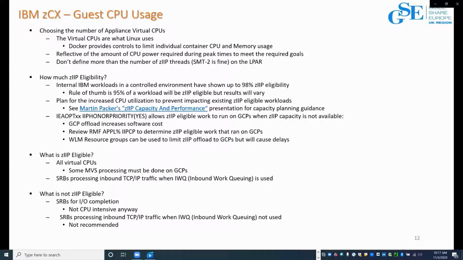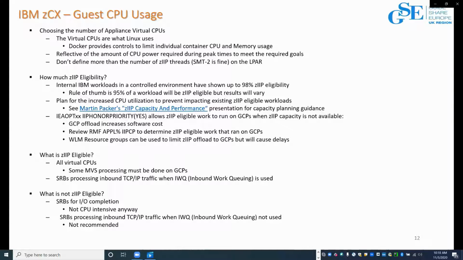If you have a test zCX guest where you don't want it to impact your others on the system, you may choose via the WLM resource group definition to turn that off so that that particular appliance does not impact others by consuming GCP. Also, as you know, GCP cycles increase your software costs, so it's not something you necessarily want to do. So planning is critical.